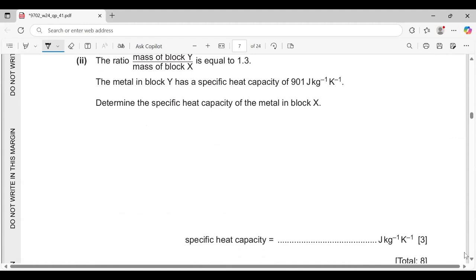So we need to use the principle of conservation of energy.